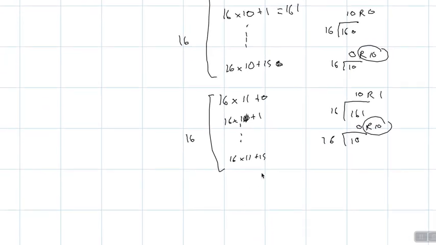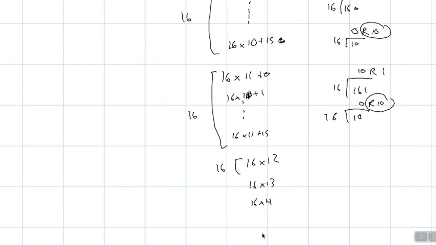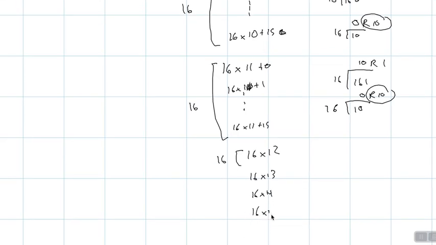The same is going to be true for 16 times 12, with plus 0, plus 1, plus 2, and same with 16 times 13, 16 times 14, 16 times 15.